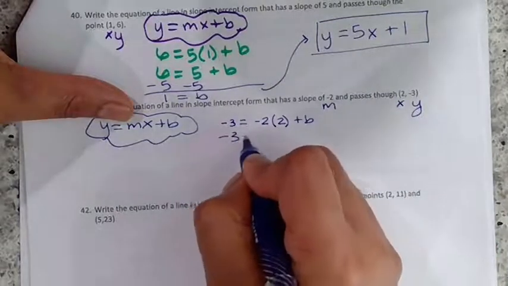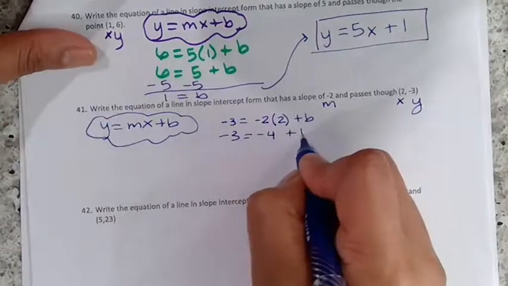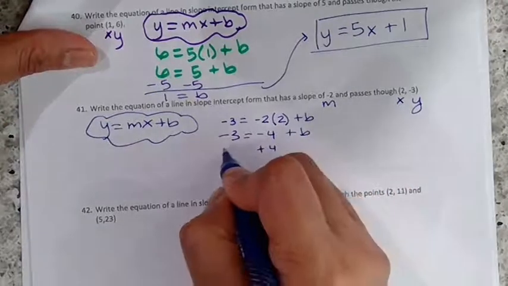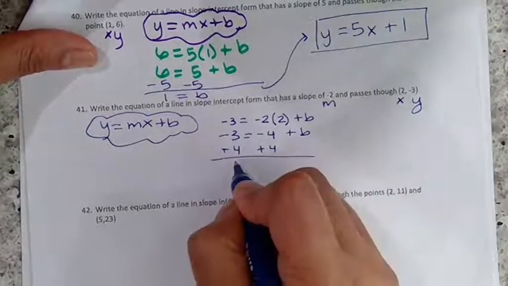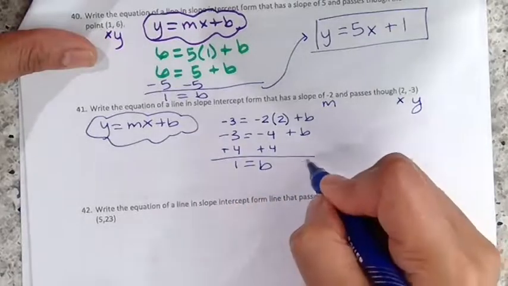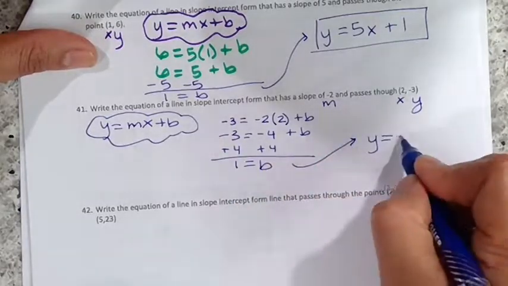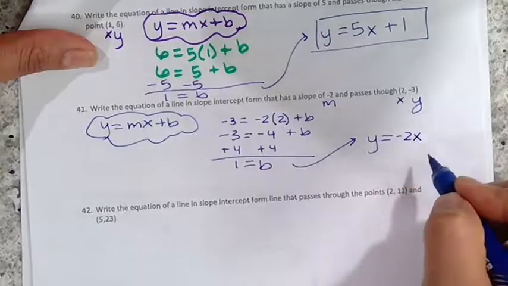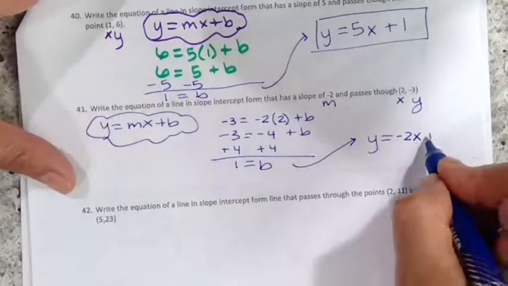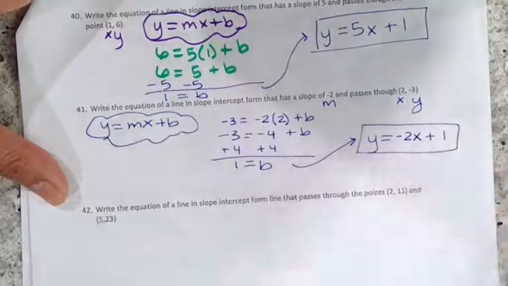Clean it up. -3 equals -4 plus b. Solve, add 4 to both sides. 1 is equal to b. So your final equation is going to be y equals your slope. They already told you that was -2. Put an x next to it to identify your slope, and then plus 1.